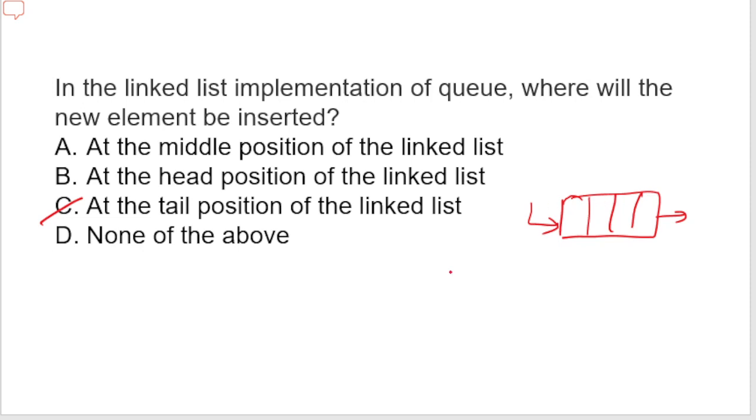Okay guys, if a queue is implemented with a stack or linked list or anything, the basics of the queue will remain the same. So if we know the basics of queue, how queue is working, the answers will be easy.